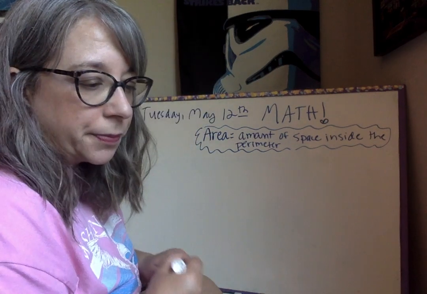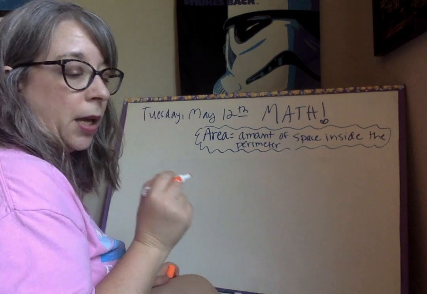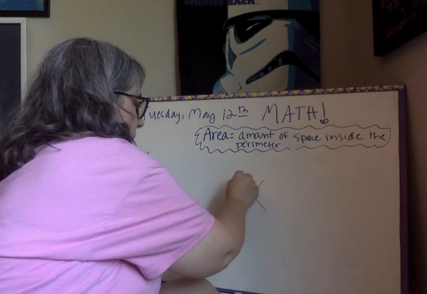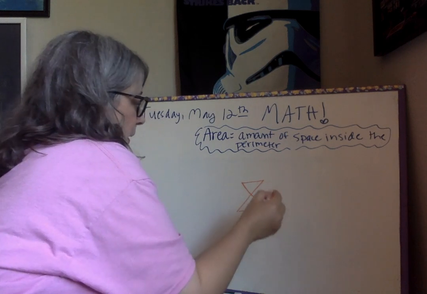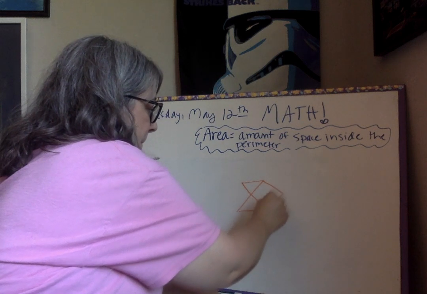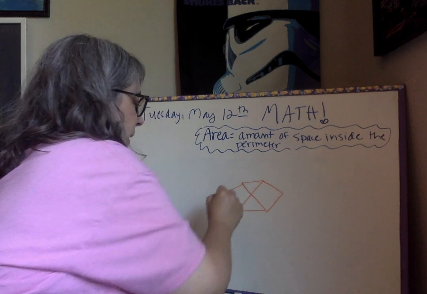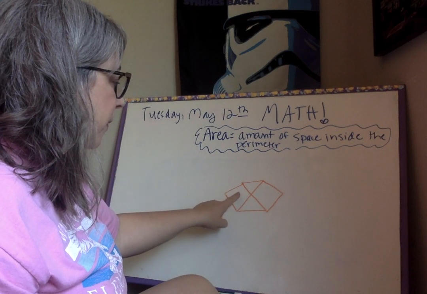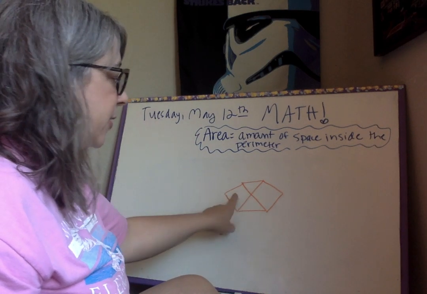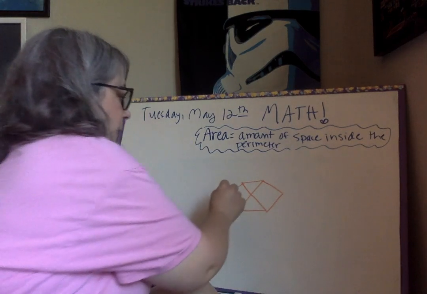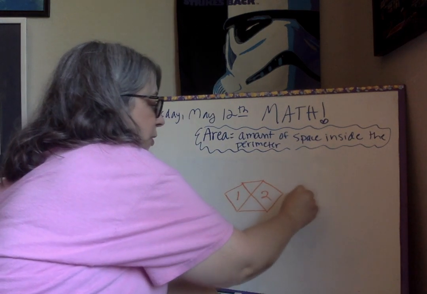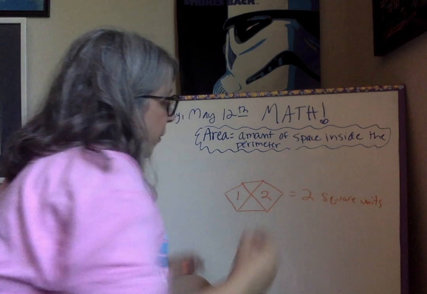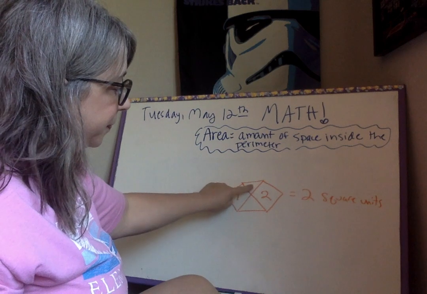Now, I'm going to try and draw this. So now we want to know what's the area. Okay, so this is 2 full squares. 1, 2. So right now we have 2 square units. But we still have to look at this, right?